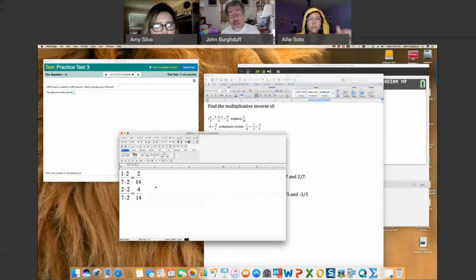When I look at them this way and think about whether there could be a fraction in between them, you can realize that there is one, because between 2 over 14 and 4 over 14, you would have 3 over 14. So that in general gives me a way to find a fraction between any two fractions.